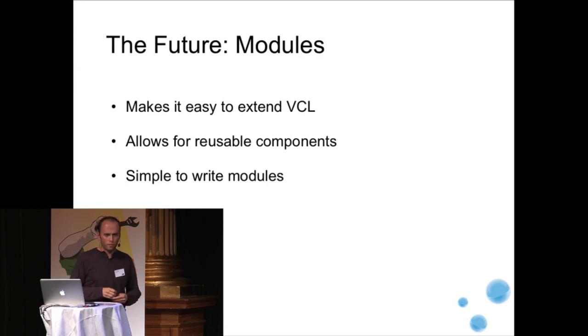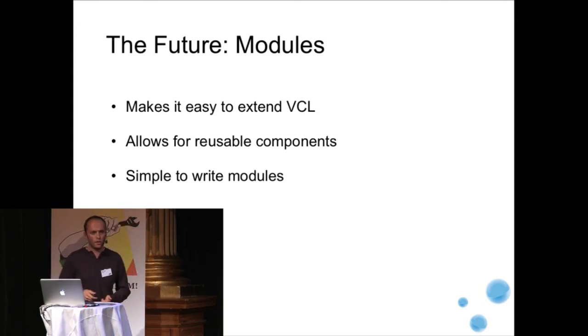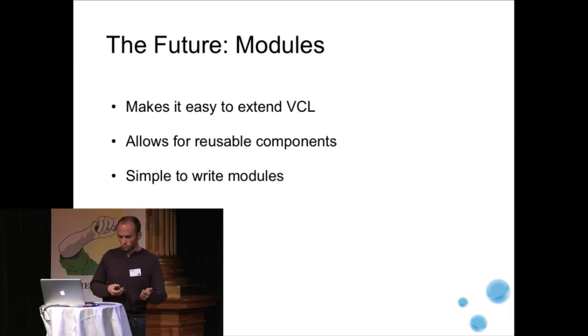I think we did a blog post pointing out that we can now write modules, and somebody did a module in 2 days, so you can now fetch content from Redis, the NoSQL database, directly in Varnish.